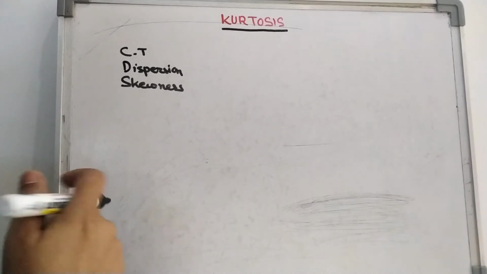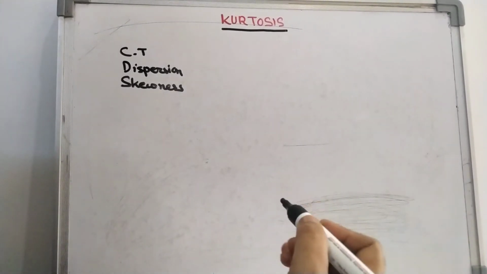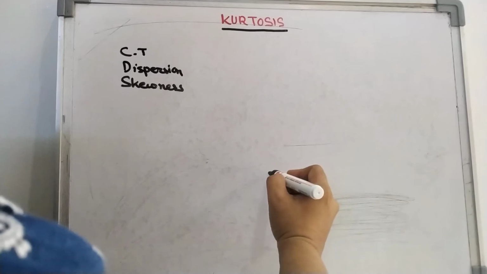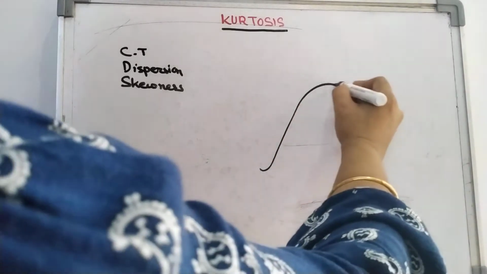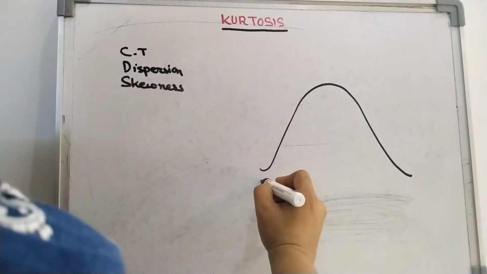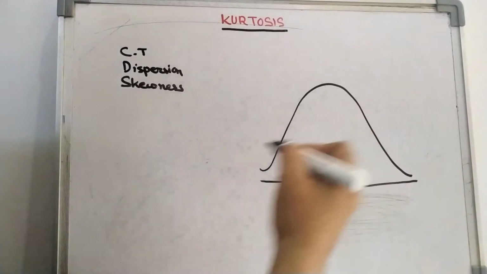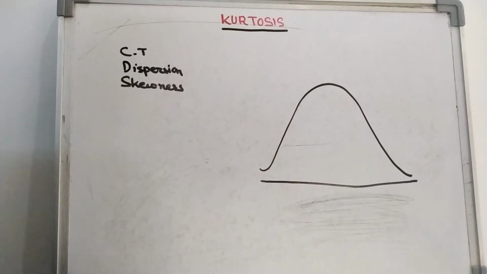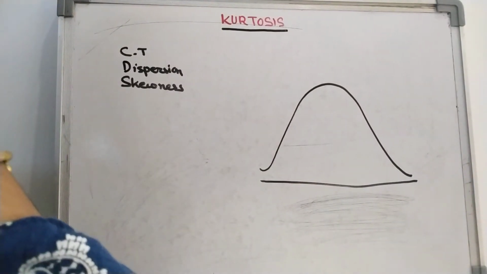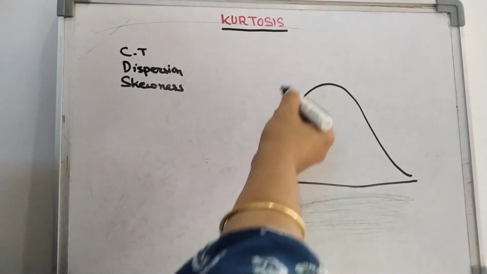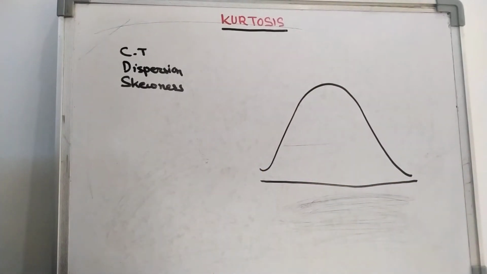Okay, that means let us suppose we draw a frequency curve. This is your frequency curve. This curve is neither peaked nor flat. As you know how to draw a frequency distribution curve, you use a histogram. Draw a histogram first, then join the midpoints, you will get this.